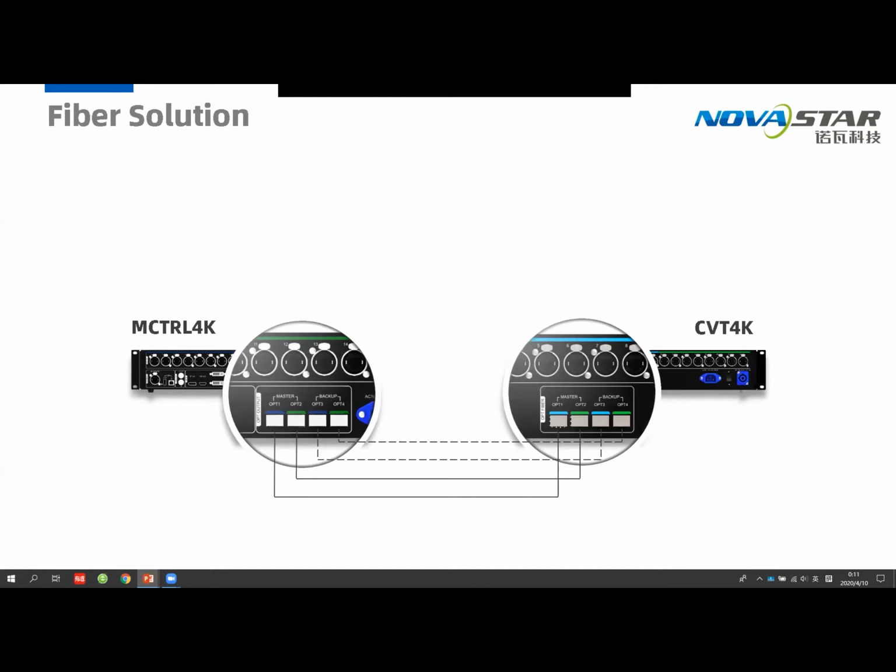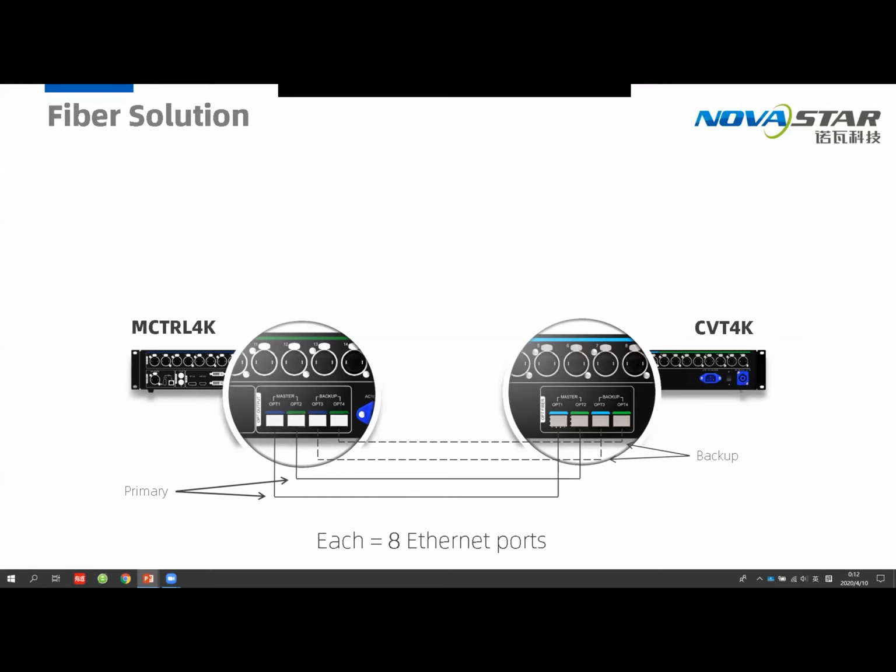Then we prepare the backup signal from the 4K directly, so the connection will be the same as in the picture. When you use a structure like this, we can also play a trick.